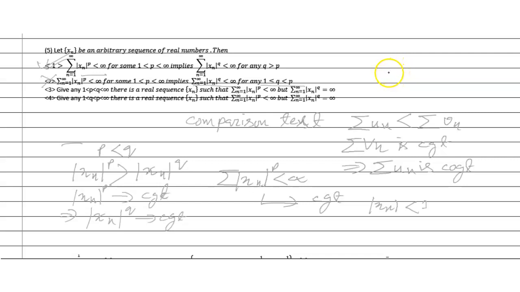Number 3 is wrong, because the sum of x_n to the power p is infinity, so x_n to the power q is not necessarily infinity. This is wrong. Number 3 is wrong. Number 4 is correct.